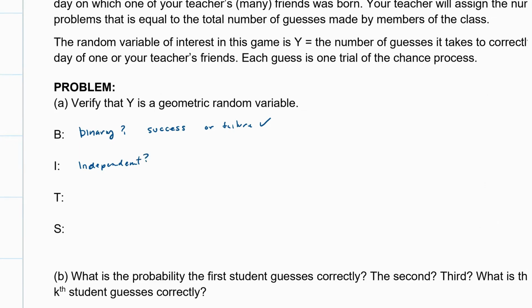And the answer is yes. Earlier successes or failures do not change the probability of future ones. So yes, it is independent. Do we try until first success? Yep, that's exactly built into this particular guessing game. Okay, is it the same probability for every trial? And the answer is yes. The probability of getting it right on any individual trial is 1/7.